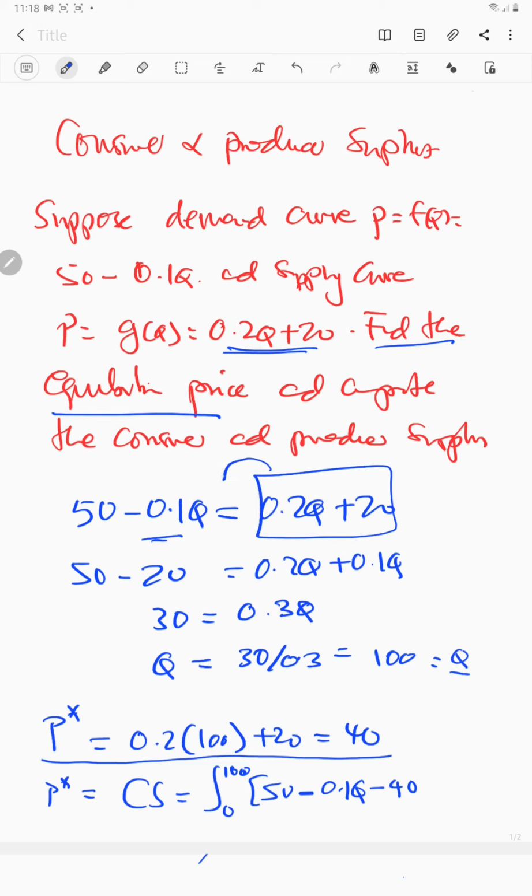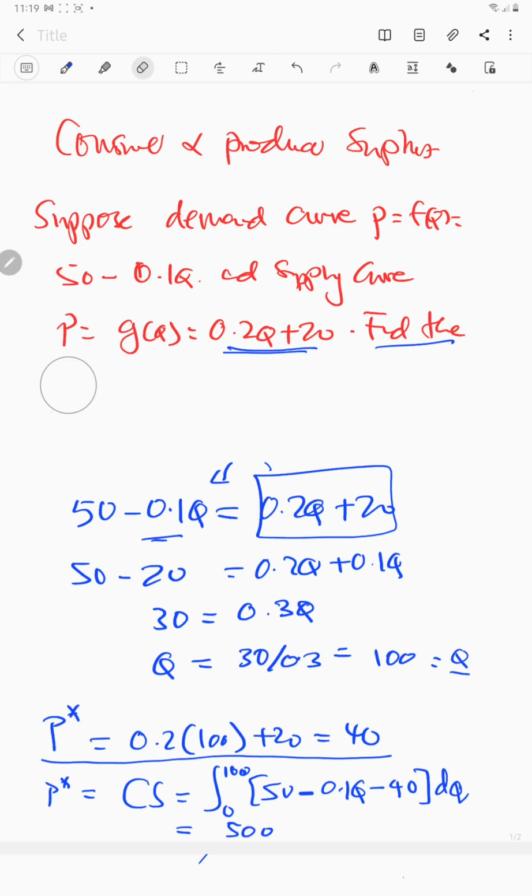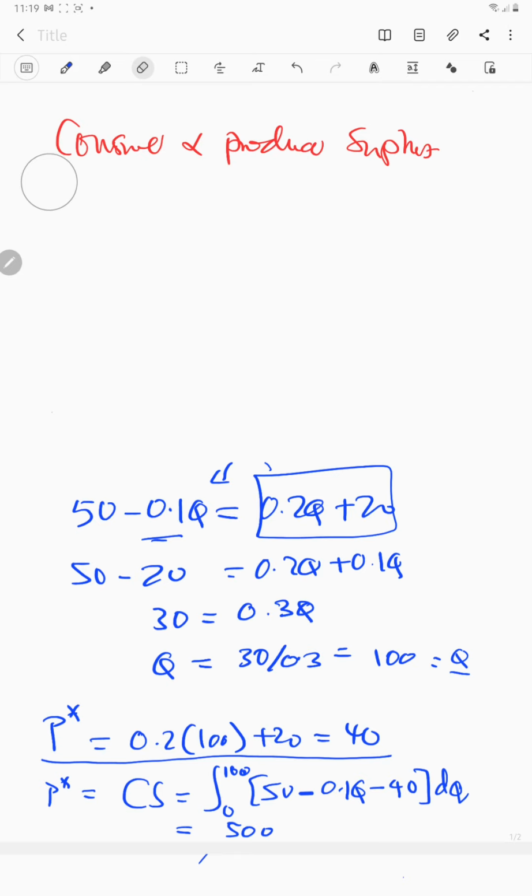You just take this 40 across, and this is the equation, and then you multiply by dq. Integrating this and substituting, you get a value of 500.